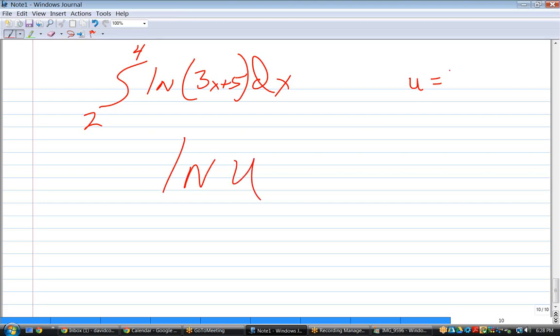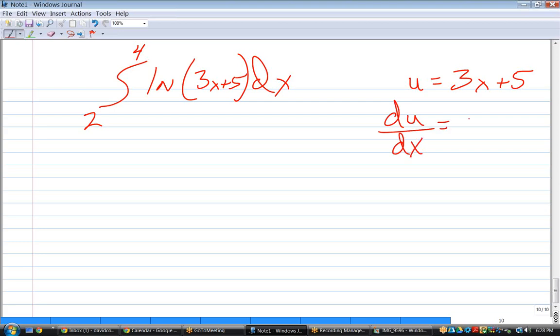So if I let u equal that, the problem is if we're going to turn this integral into an integral of u as opposed to an integral of x, then we need to also substitute for dx. Well, what does du dx equal? 3. So du equals 3 dx.